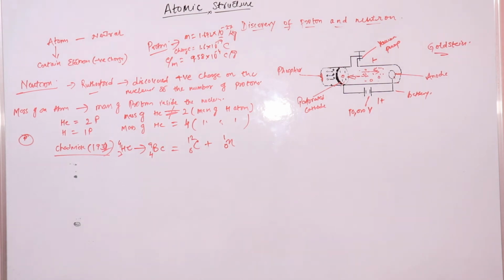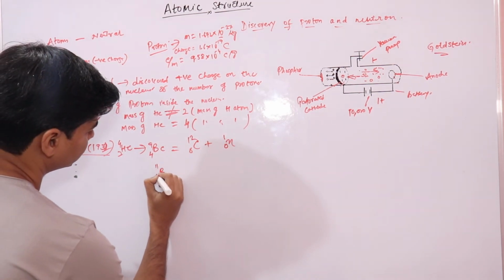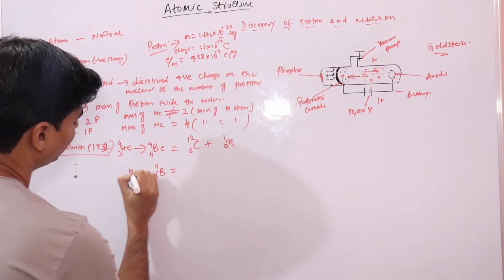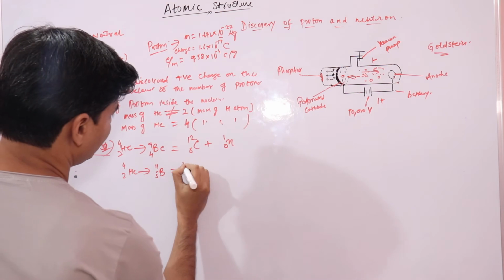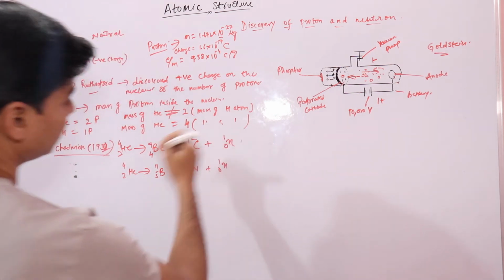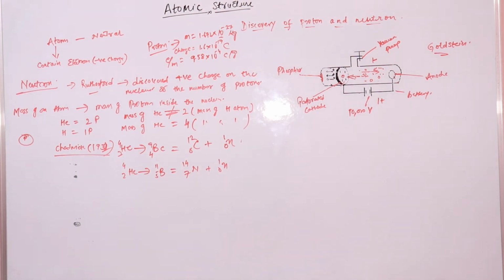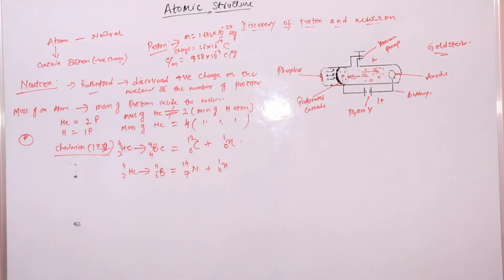Similarly, the other light element which he used was boron. When he bombarded boron with helium, he got nitrogen, and these rays that do not carry any charge were emitted in this reaction.